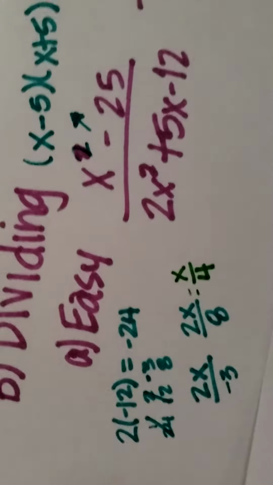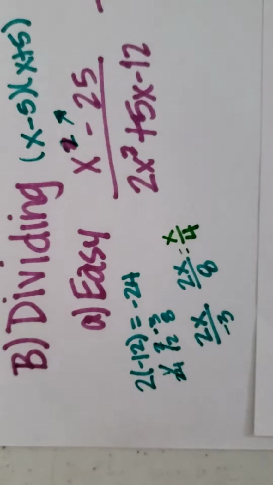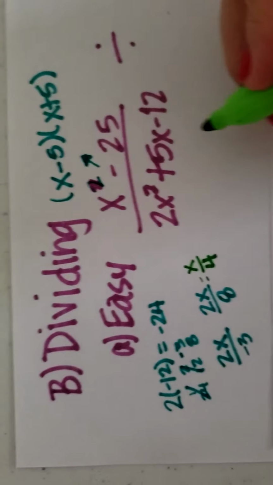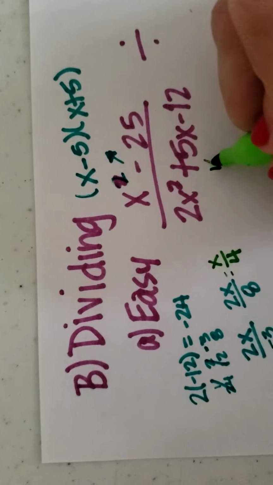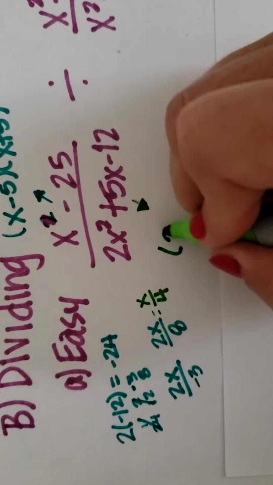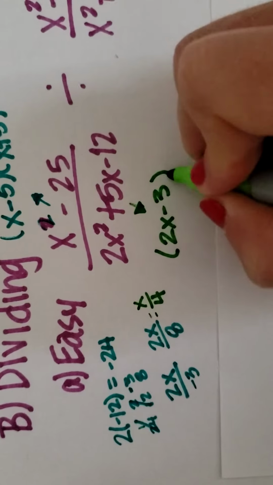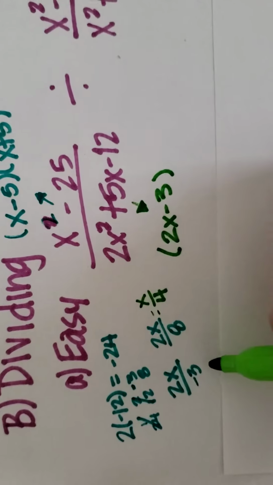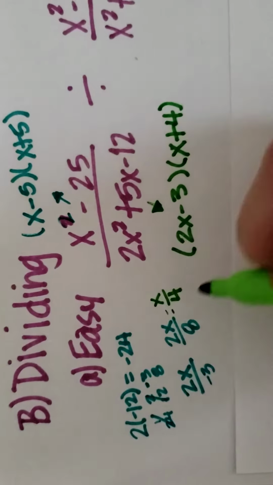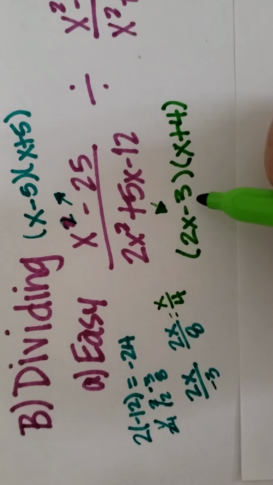Okay, so there we go. We've got those factors. I'll give you a little bit of color coding here so you can see what happens. So that goes from being 2x squared plus 5x minus 12 to 2x minus 3, that 2x over negative 3, and then x plus 4, x over positive 4 that we've got there.